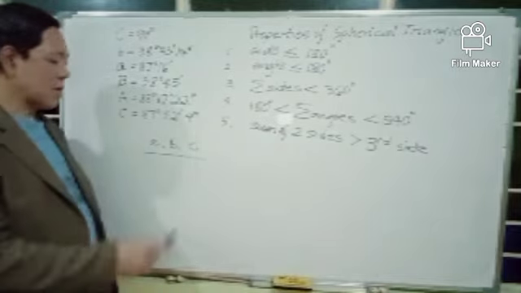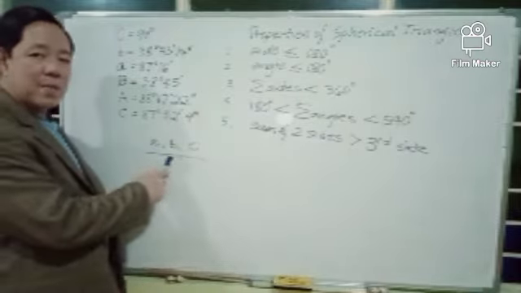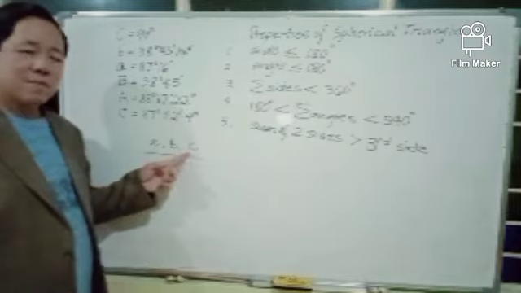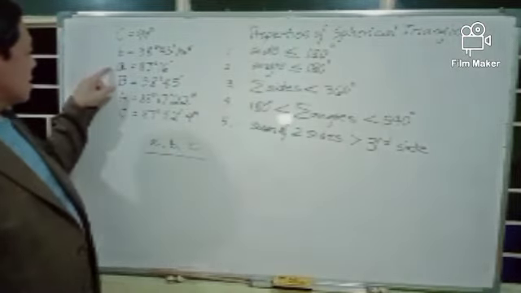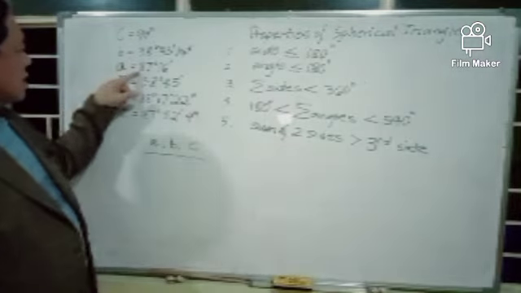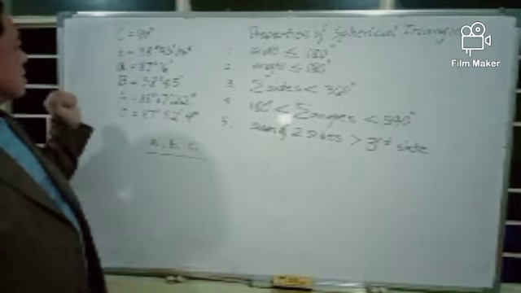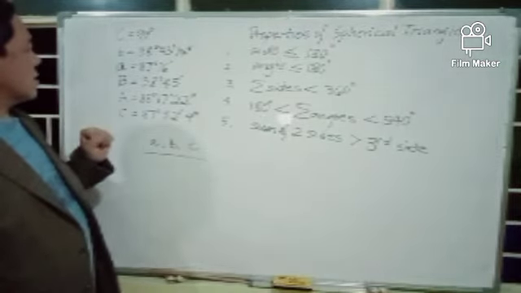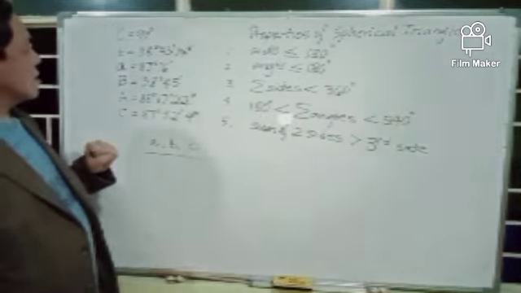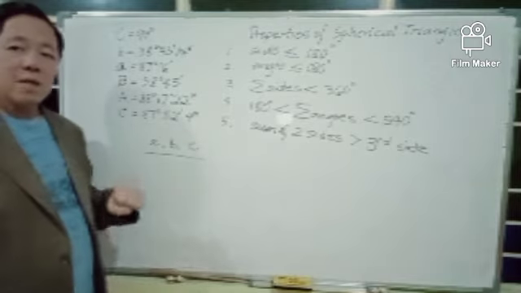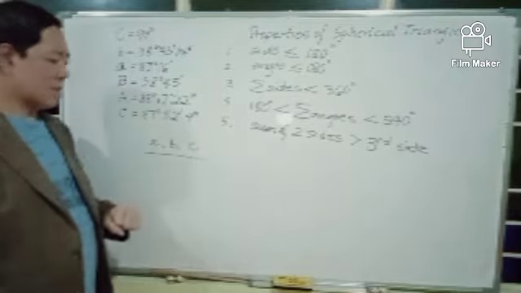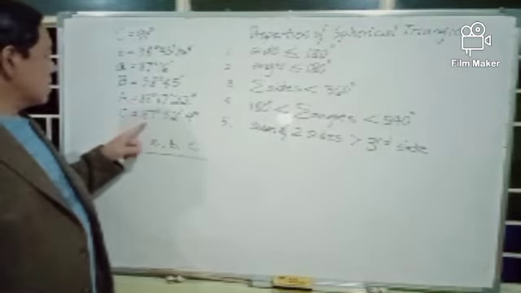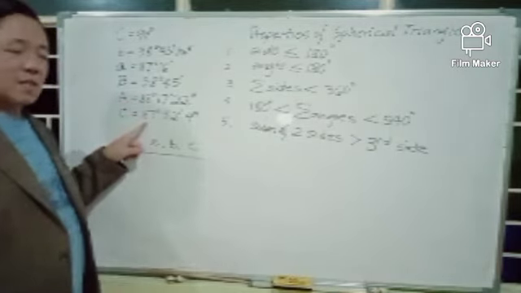For instance, the sum of the sides A and B, A plus B, is greater than C. You can see that A plus B, 87 and 38, is approximately 125 degrees, and it's definitely greater than the third side, 87 degrees.